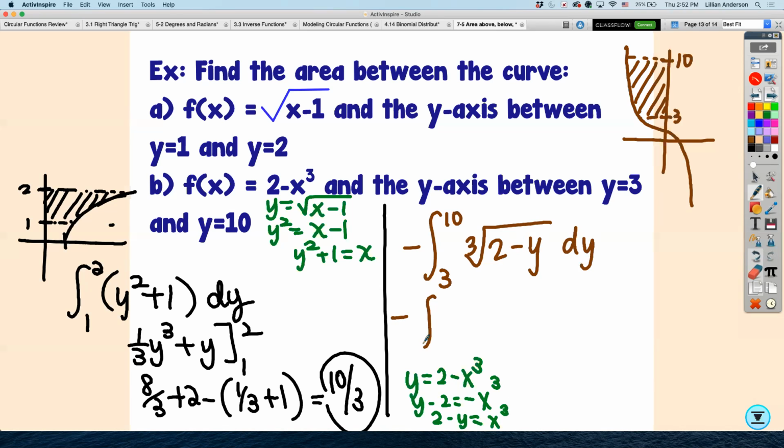That's the same thing as saying 2 minus y to the what power? 1/3. And there were some linear factor rules that you would use here for this example. So I want you guys to take a moment, find the antiderivative, plug in the bounds, and give me a value.